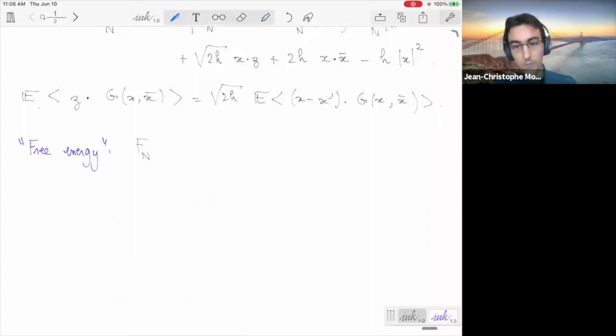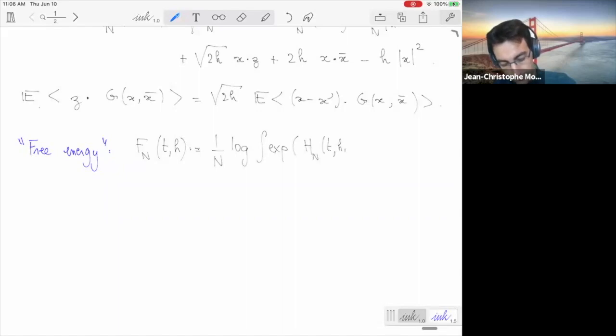I think I briefly mentioned it, but let me rewrite it. It's going to be 1 over n, the log of the integral of this exponential of this energy function, Hn, dPn of x. Okay, Pn is the law of x bar.